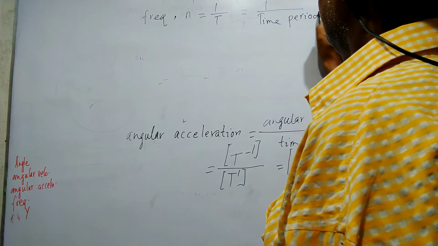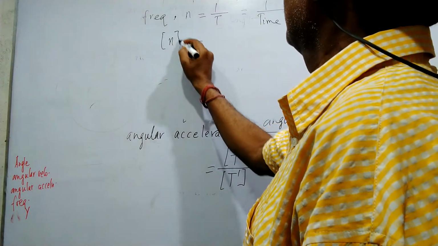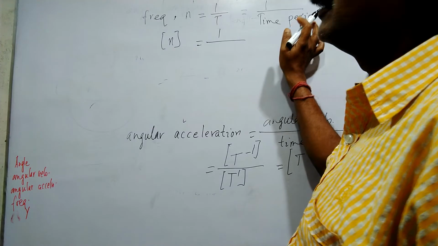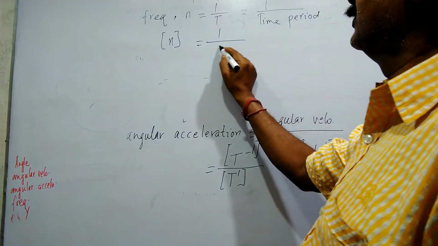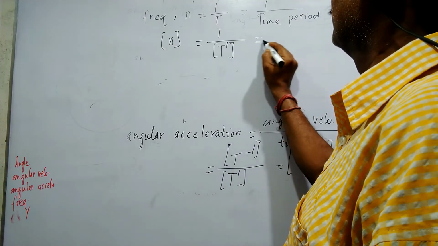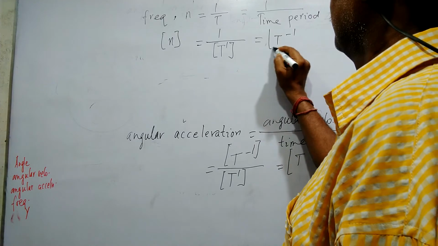The dimension of n is 1 over the dimension of T, and the dimension of time period is T to the power 1, then this is T to the power minus 1.